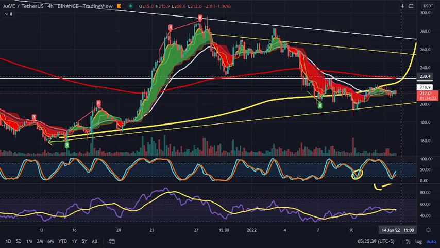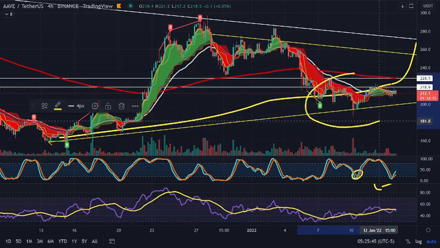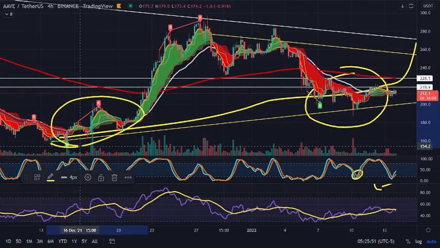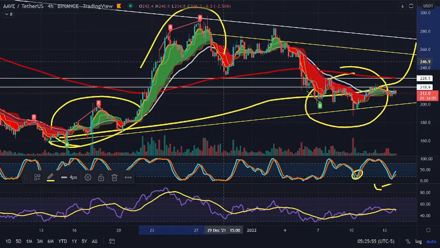But I do see that we have a similar setup today in this structure as we had over here in this structure. And right after this we had a huge pump. So this is what I'm hoping for. I'm hoping that the market will rally, will find a bottom here, and continue to go up, and of course I'm going to use proper risk management.